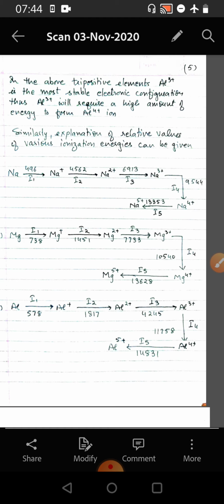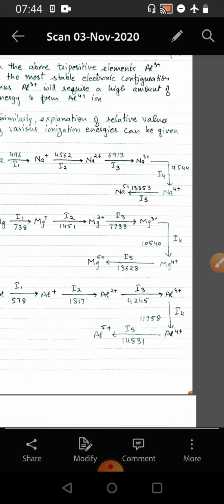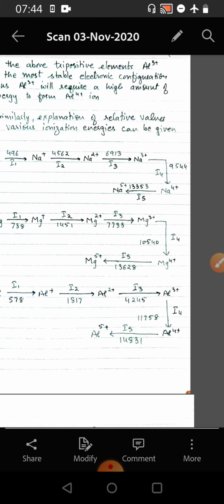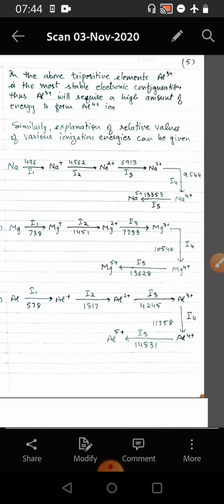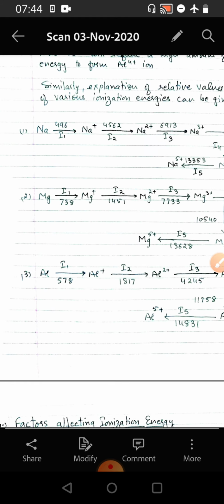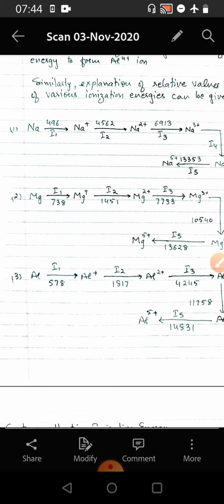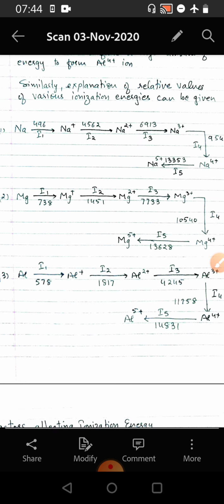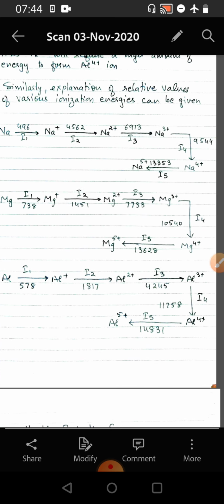That is, if we consider the last, sodium 4 plus converted to sodium 5 plus requires 13,353 kilocalorie per mole. Now if we consider magnesium, then we see the magnesium first ionization energy is 738, second is 1451, and third is 7735. So we see there is quite a jump from second to third.